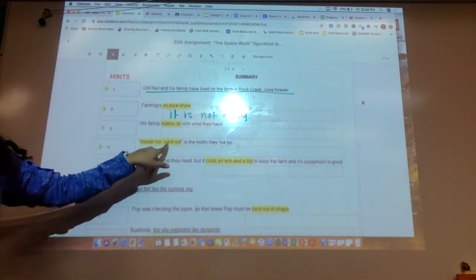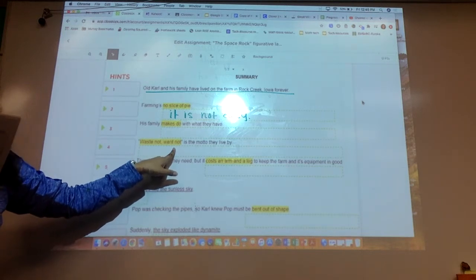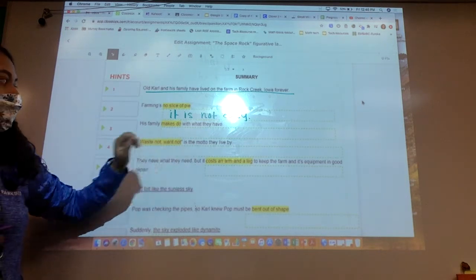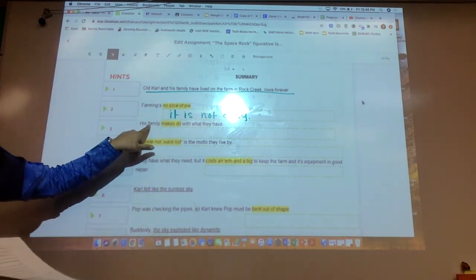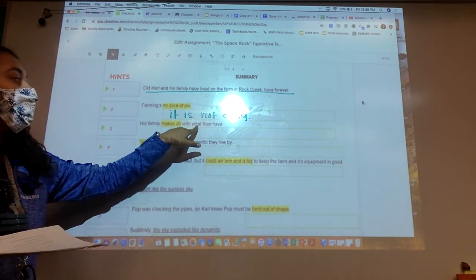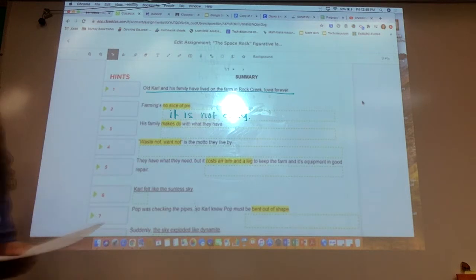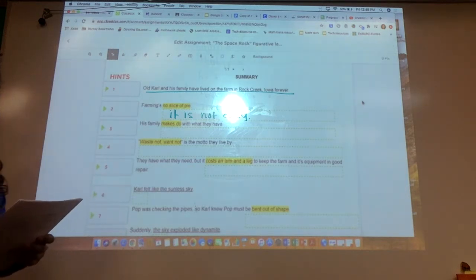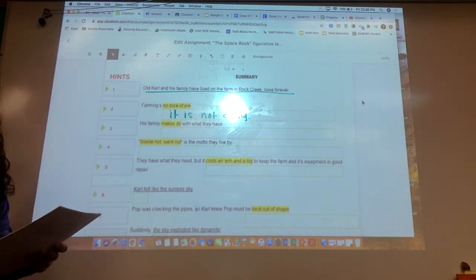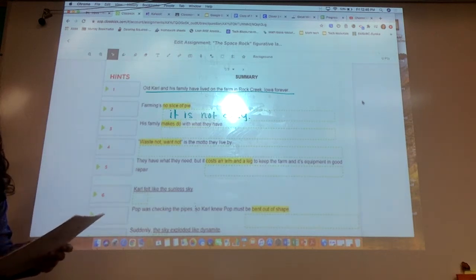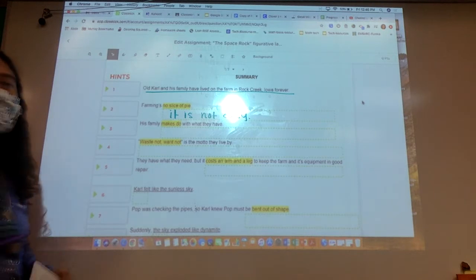Waste not, want not is the motto. Oh, I skipped one. Sorry. His family makes do with what they have. Noah, I think it means they make money. Okay. Sophie? They buy what they have.